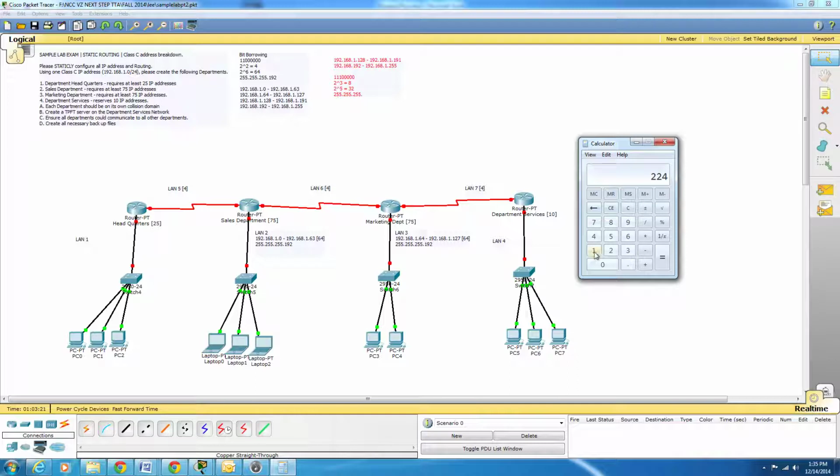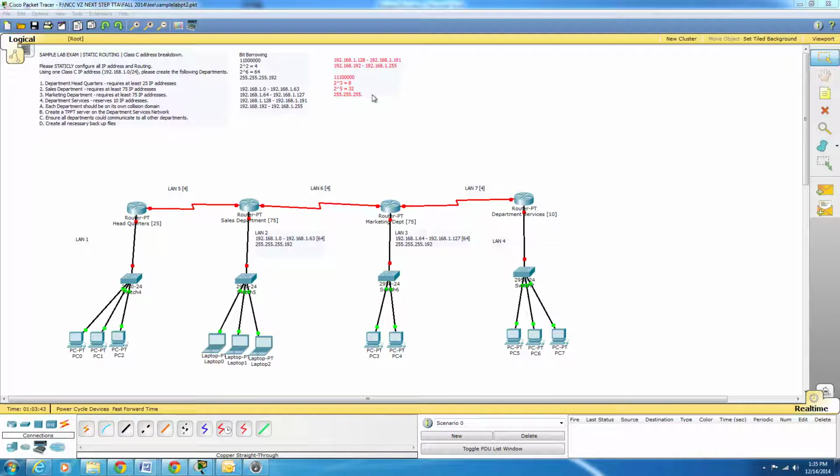The way you would do that is 128, and then you're going to add the other value here, which is the 64, plus the third value over here, which is 32, and this should give us back our 224. So you see, the subnet mask could be calculated both ways.